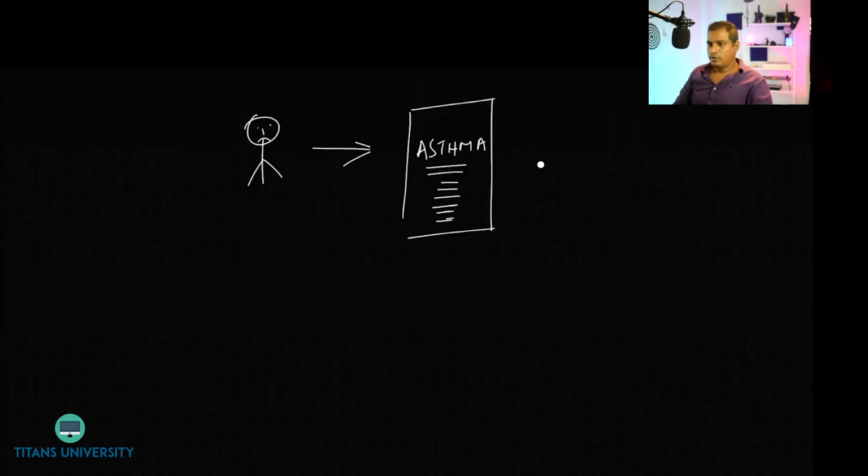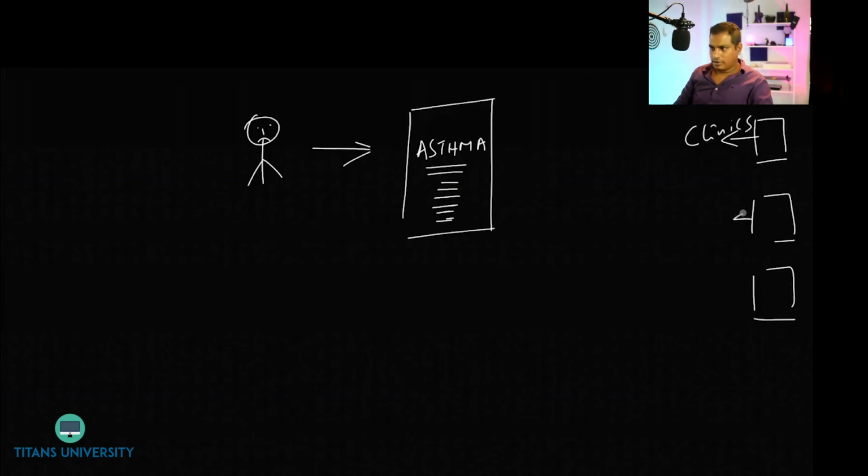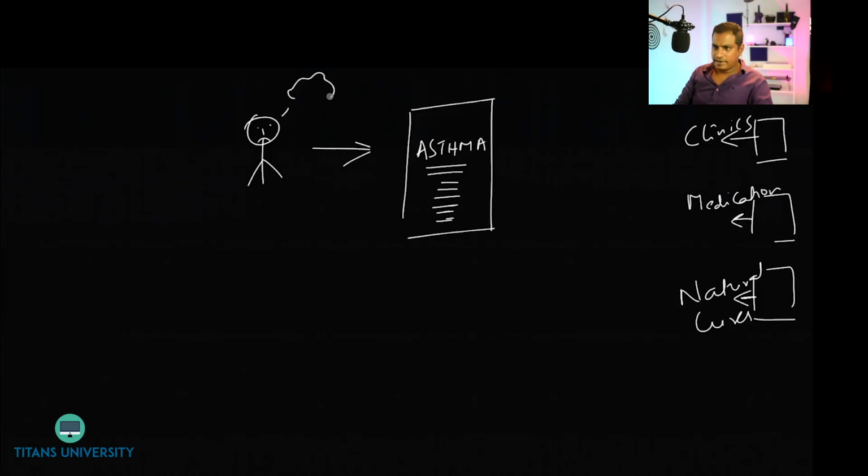Now, what Google does is Google identifies certain websites which are either asthma clinics or asthma medications or asthma natural cures, for example, right? And Google decides that this guy is interested in knowing more about asthma and other health related conditions. So what Google does is it puts these ads on this website, right?